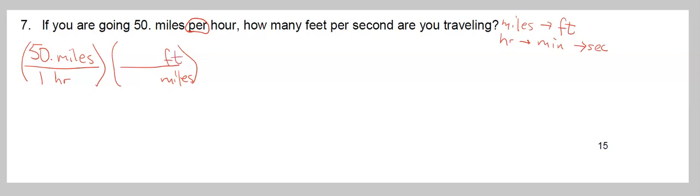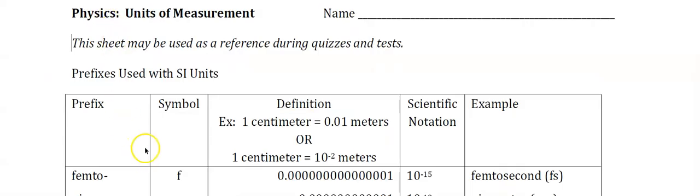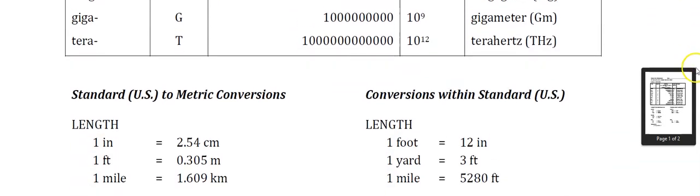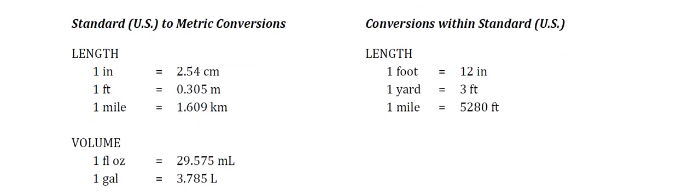If I go looking at my conversion sheet, I need to scroll down to find the within standard units here, and I can see that 1 mile is 5,280 feet.